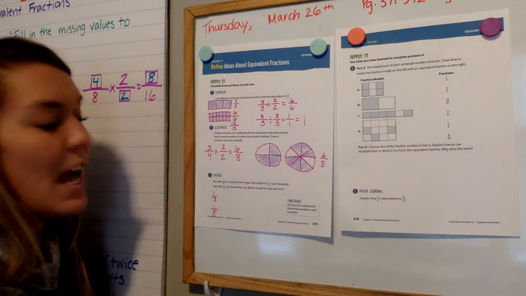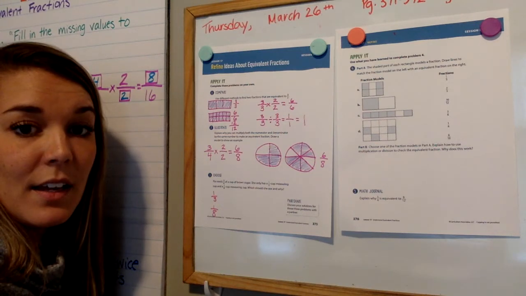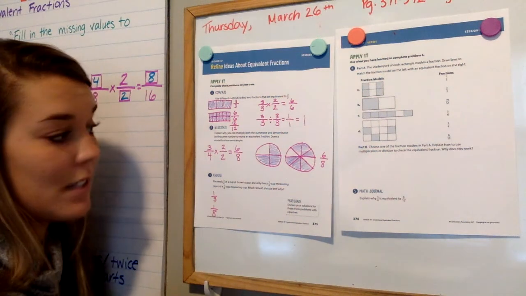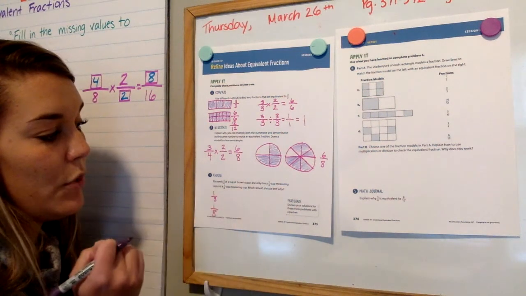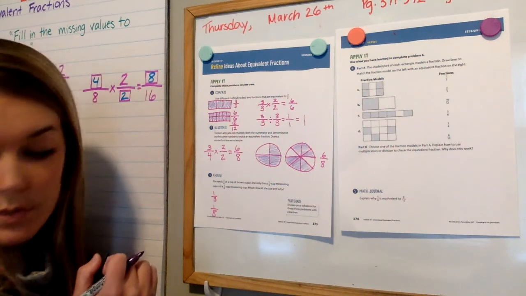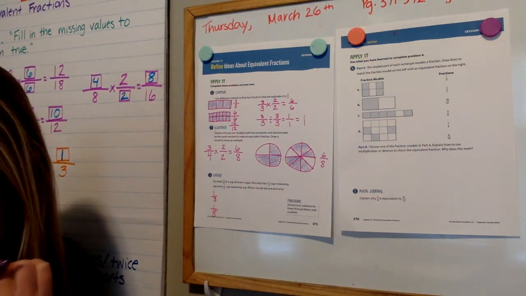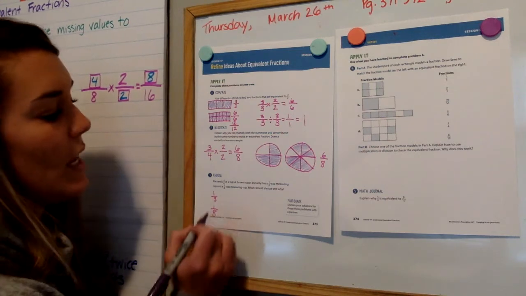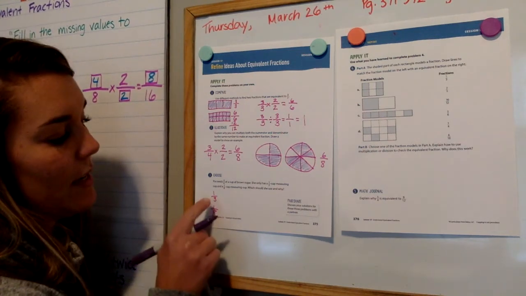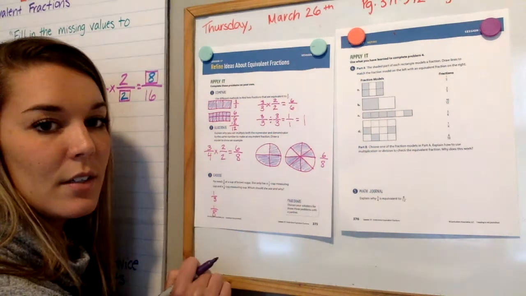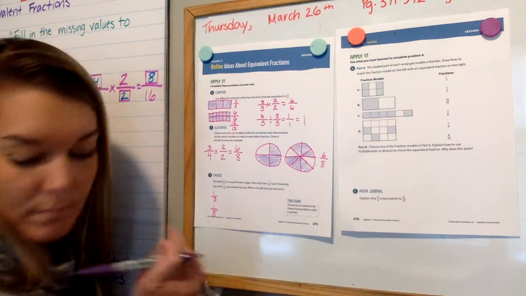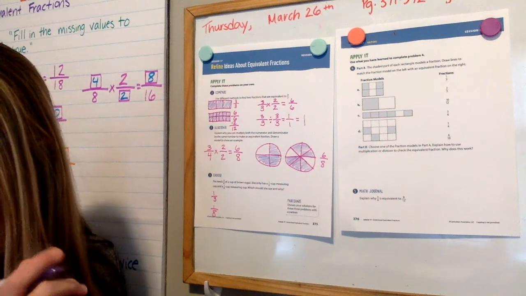Now, I need to see if I can get either of these to be equivalent to 3/4, okay? So, could I multiply 1/3? This is a strategy I want to show you.